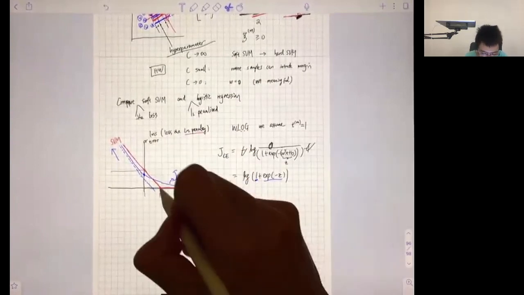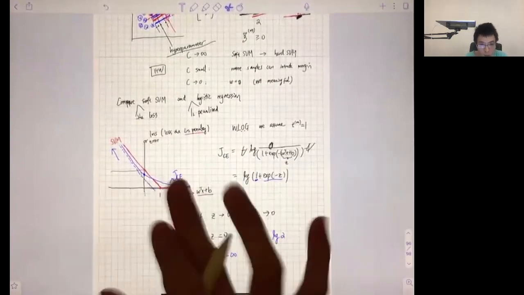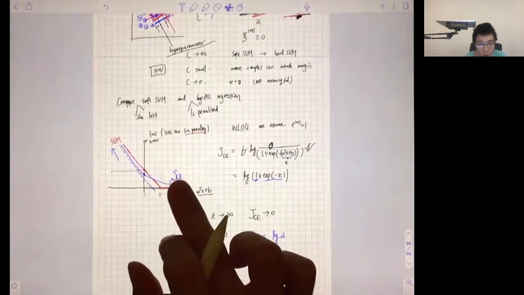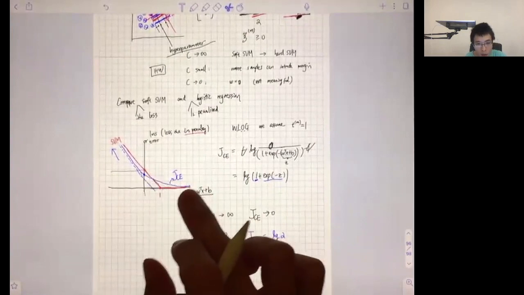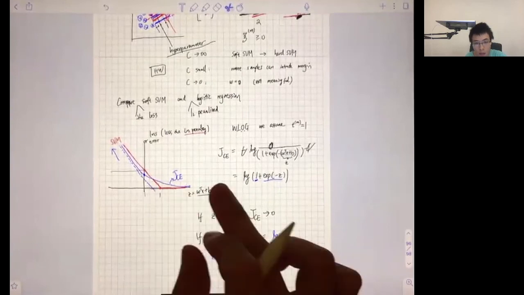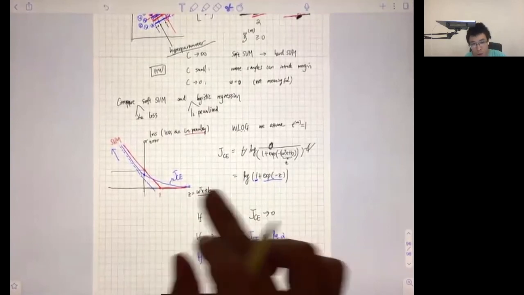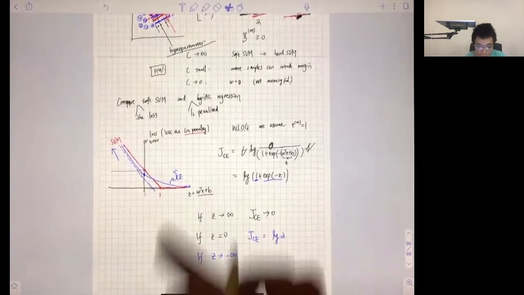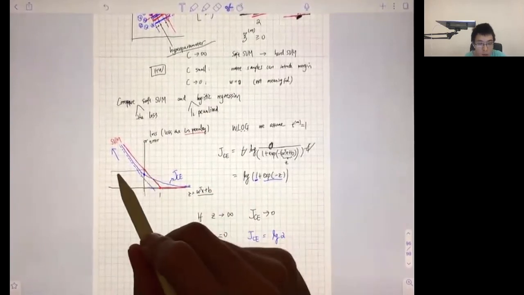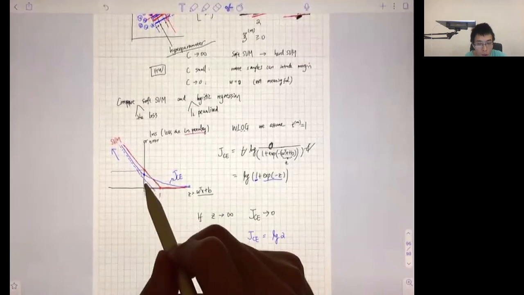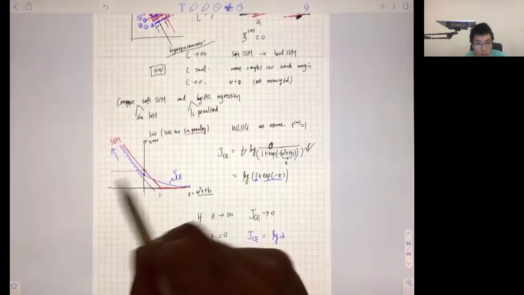It only has a loss if your z is less than 1. But cross-entropy loss always has a loss. Its loss is strictly non-negative, but if you predict it correctly, then it's very close to 0. In both cases, you can think of it as a differentiable approximation of this step function.